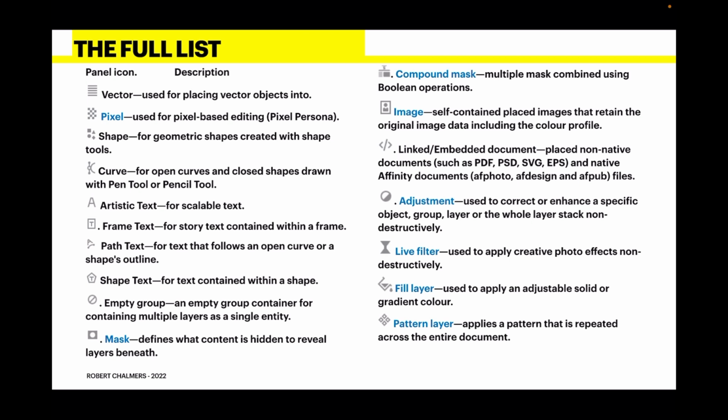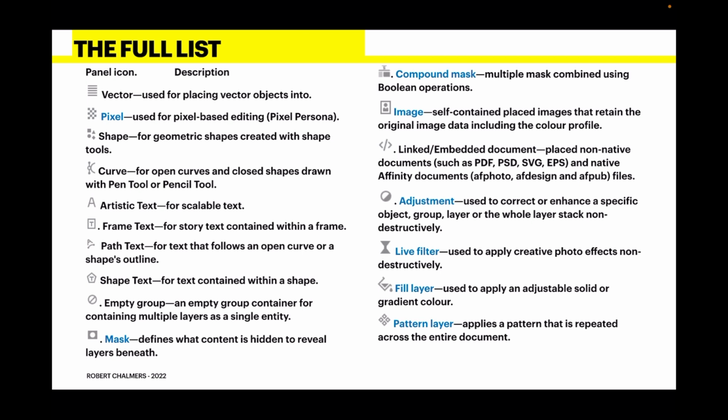Now there's the other one. If you're mostly importing and placing images from your Apple Photos or your Photos folder, they'll probably come in as an image file unless you import them, and then they'll come in as a pixel file. Ta-da! You'll get used to it.